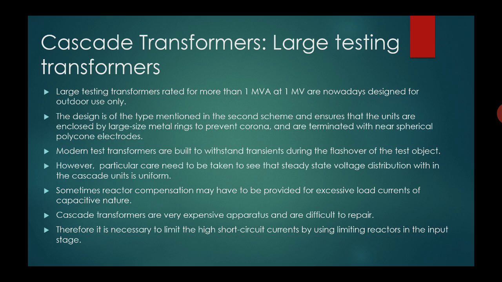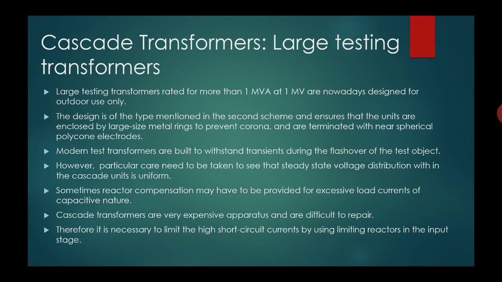The design is of the type mentioned in the second scheme and ensures that the units are enclosed by large size metal rings to prevent corona, and are terminated with near spherical polycone electrodes. So for the high voltage, you have to use special electrodes to minimize corona.